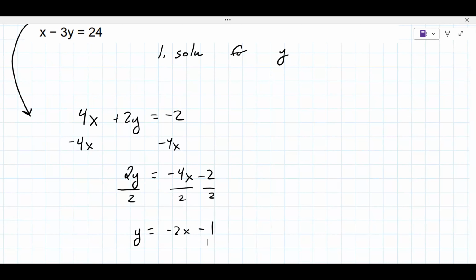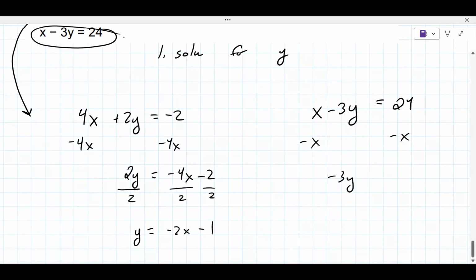All right. And then similarly for the other one here, you're solving for y. So then instead of subtracting the x, would you subtract the 3y? So you subtract x, that's -3y equals -x plus 24, and then you divide by -3.